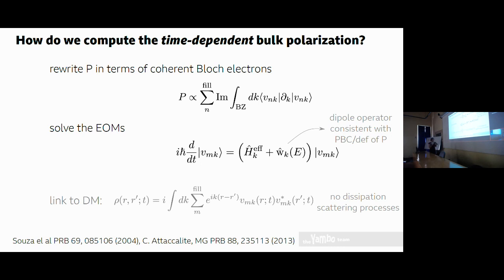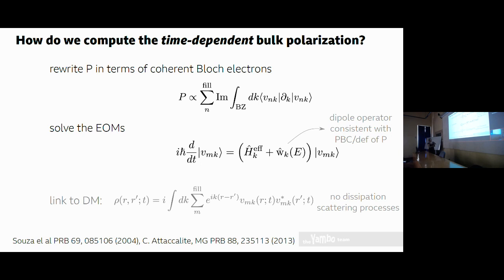Of course, since I'm potentially in a non-equilibrium situation, instead of occupied, I have the filling of the states. And instead of the Bloch states that come from the Kohn-Sham calculation, I will have Bloch states that are the solution of this equation of motion.